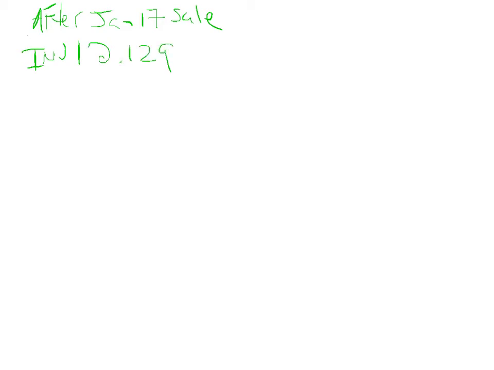So hold on. Okay, so we're going to pick up where we left off, and remember our inventory after our January 17th sale is 1 at almost 13 cents, okay?